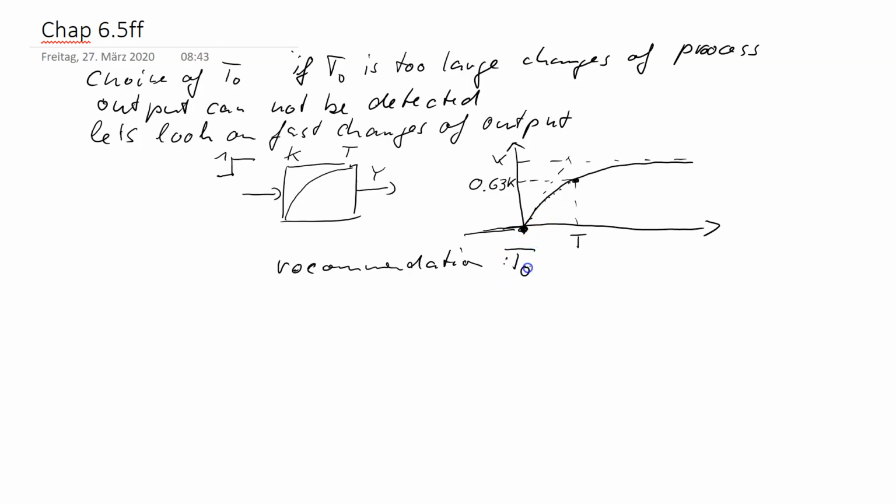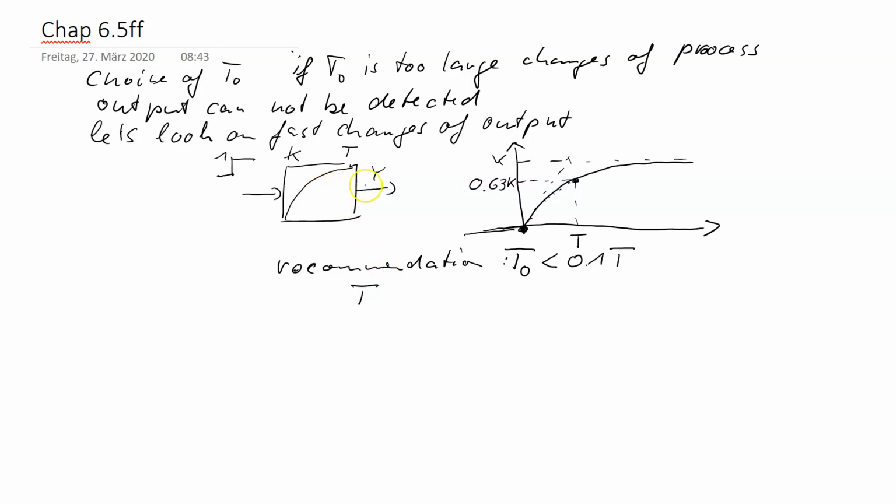Sampling time should be smaller than 0.1 process time constant. If you have a process which behaves like a PT1, T is known.